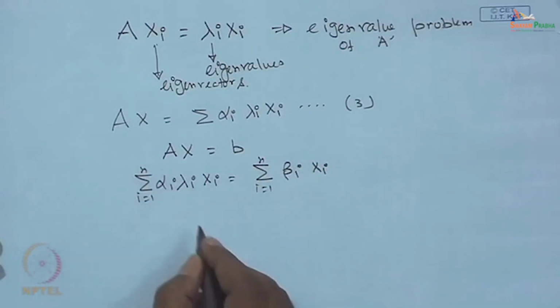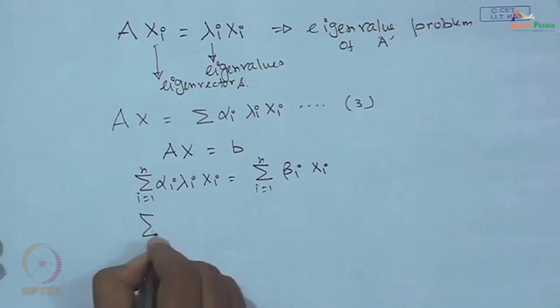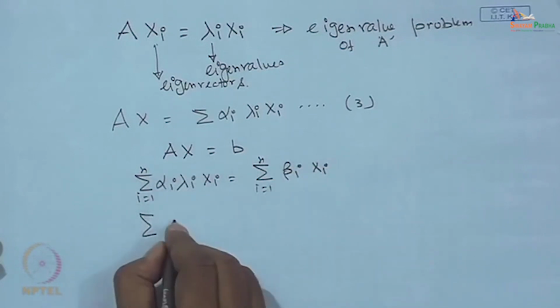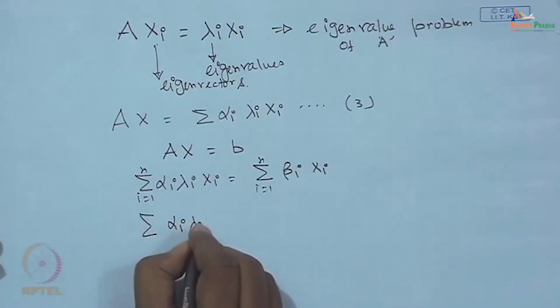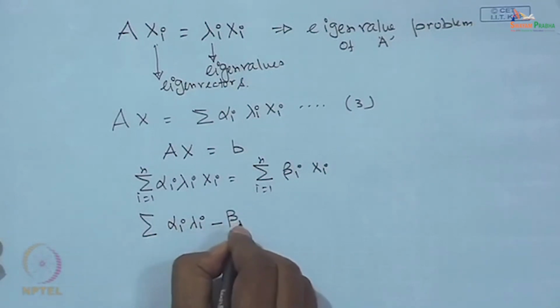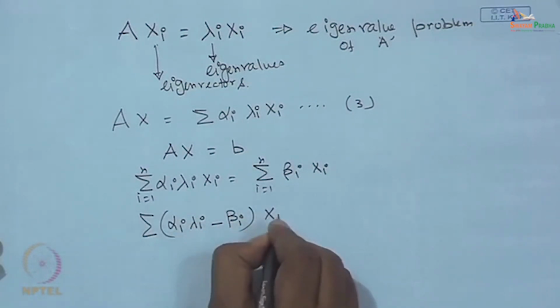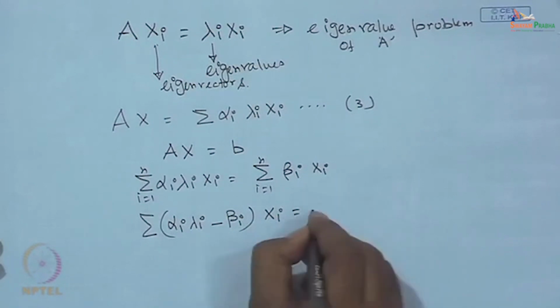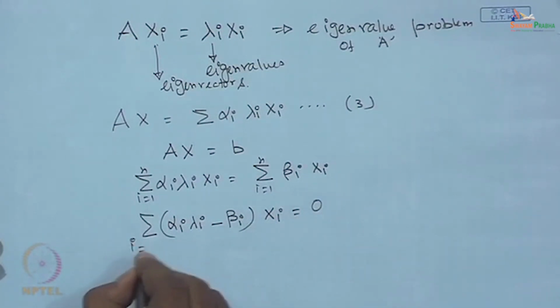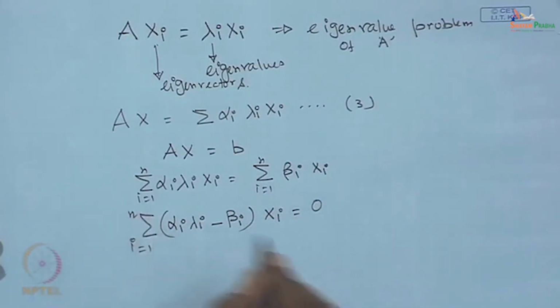So we can take this to the other side. This will be alpha i lambda i minus beta i, multiplied by the vector x i, equal to 0, where the index i runs from 1 to n.